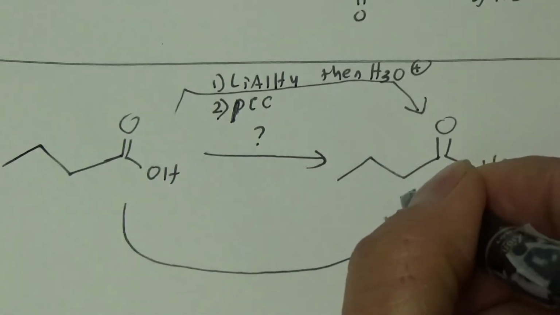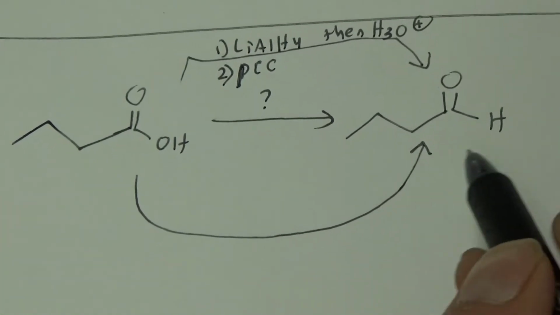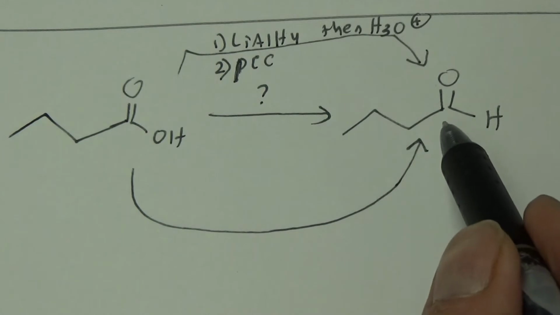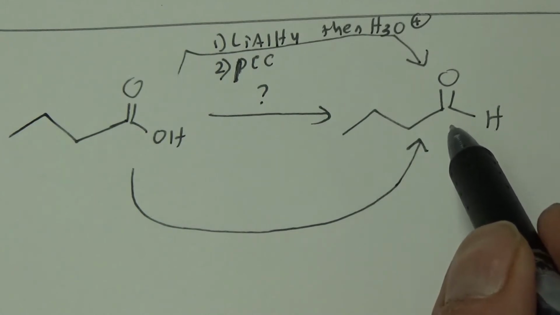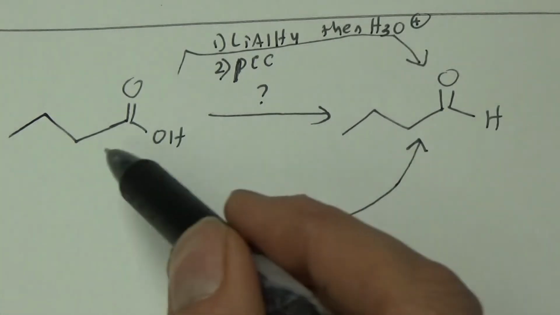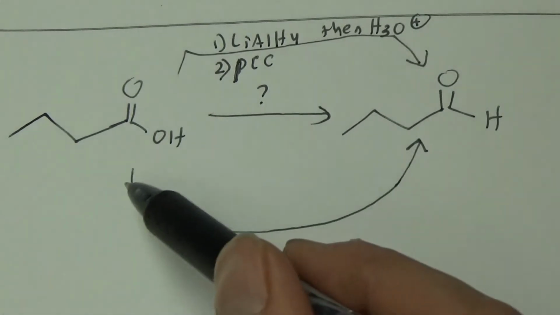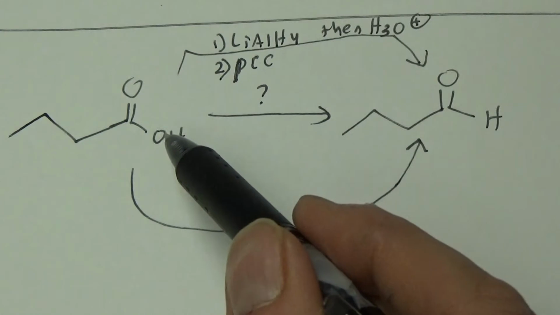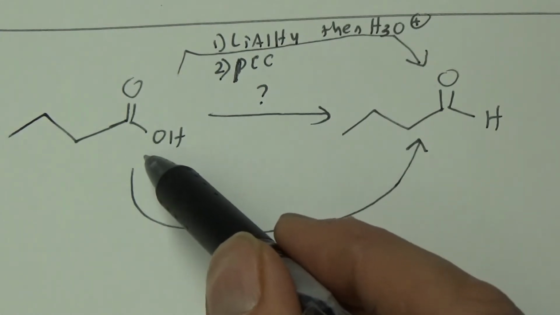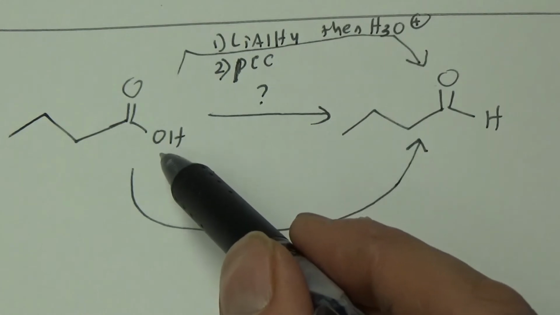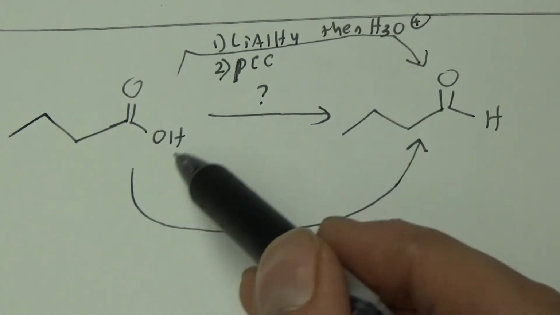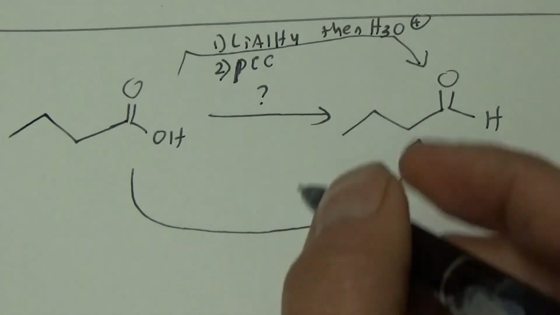Like what? Do we know other reactions now that we just learned that create aldehydes? Reduction of something to create an aldehyde. Not reduction of a carboxylic acid, but maybe reduction of an ester or an amide, right? Because now we know that if you have an ester or an amide, we can do a single step reduction with what?